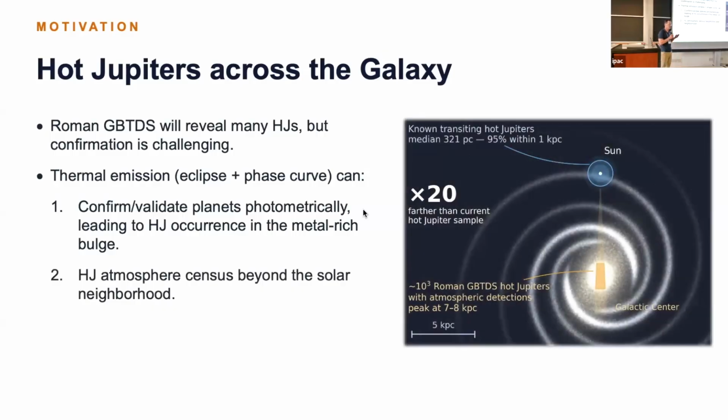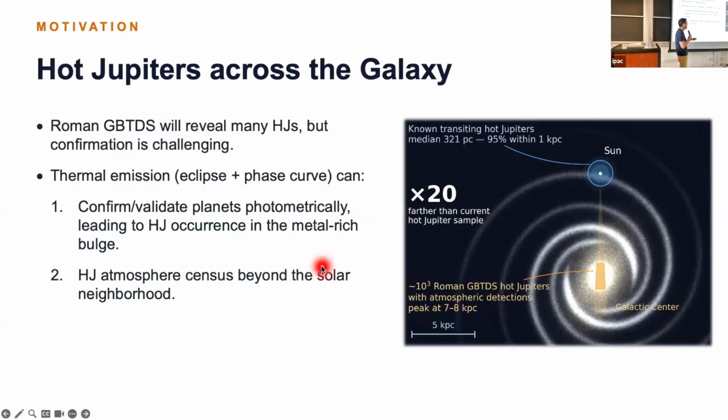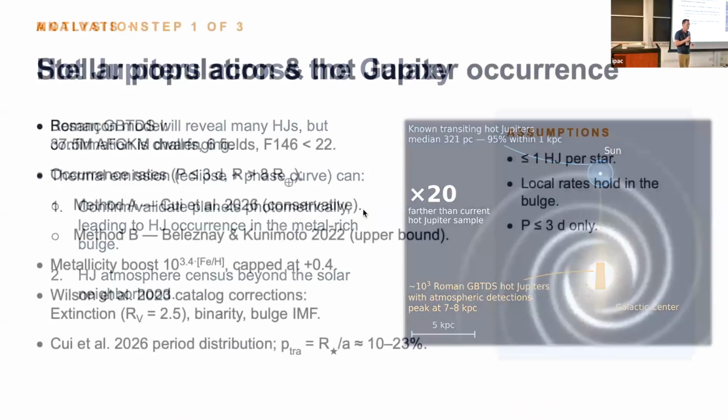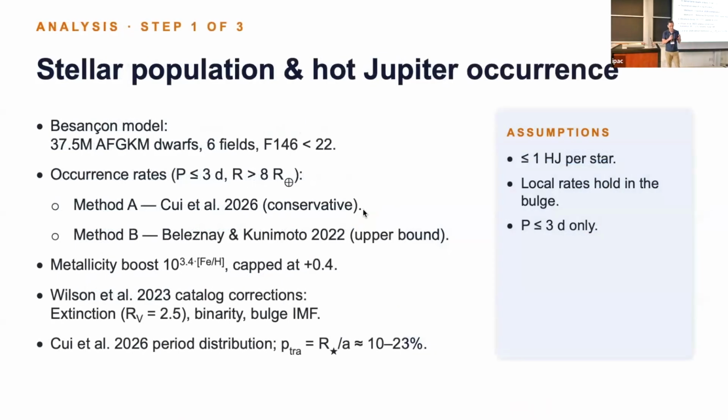And by doing so, we can study the hot Jupiter population at the bulge, which extends by a factor of 20 or more the distance of the known population of hot Jupiters in the solar neighborhood. So I'll take you through 3 slides where I go through the details of the analysis. Obviously, it's not enough. It gives you only the highlights.